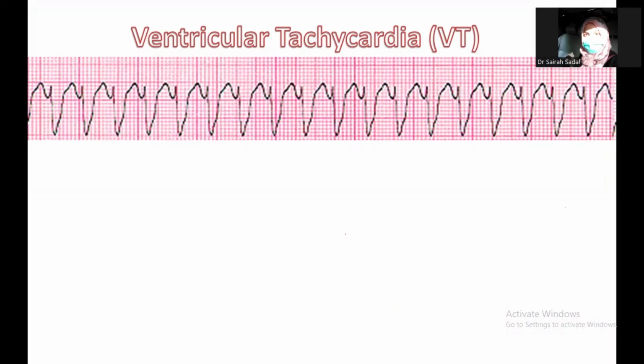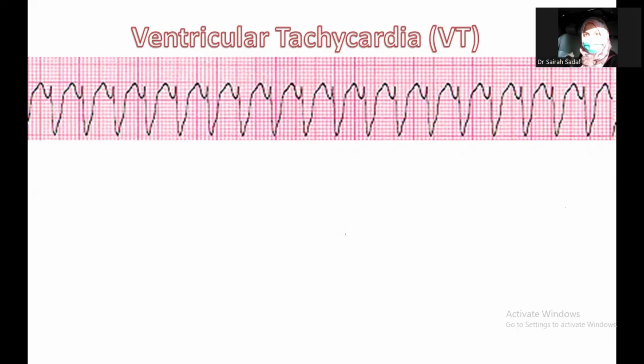The broad complex regular tachycardia is monomorphic. Now its name is broad complex regular monomorphic tachycardia. Although the name sounds very scary, it's a very self-explanatory name.